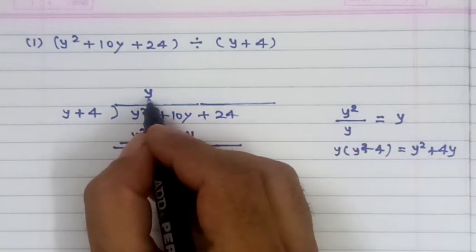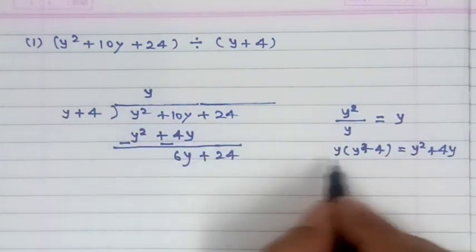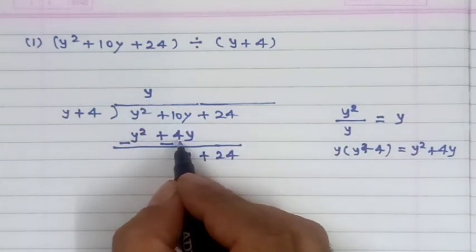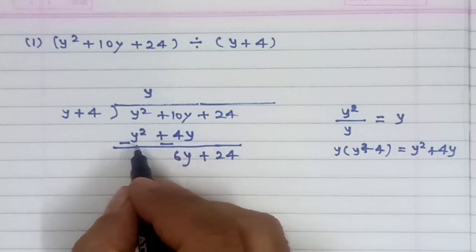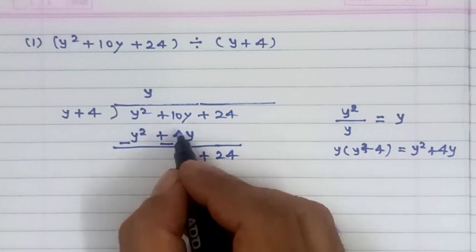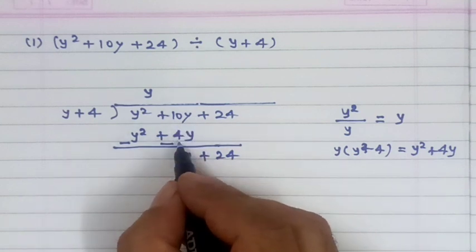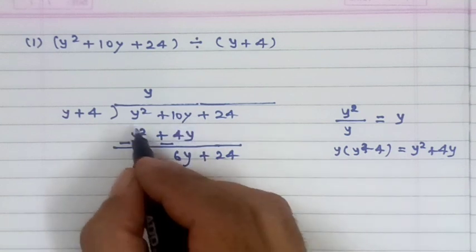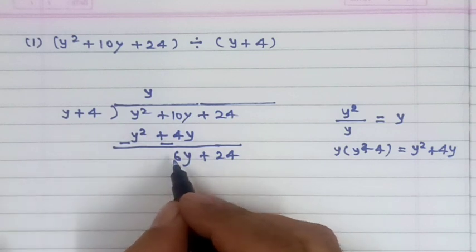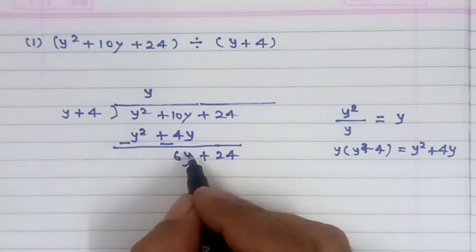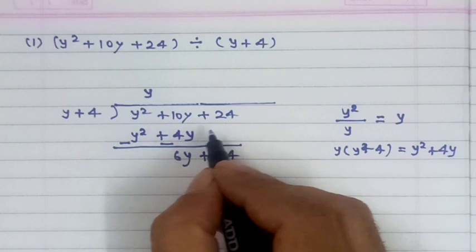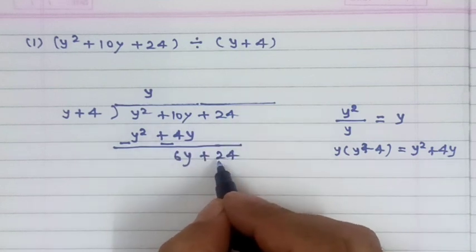This y you have written here, and this y square plus 4y you wrote below the dividend, and subtract. When you subtracted, sign got changed and you got 6y, 10y minus 4y is 6y, y square is 0, which is not written here, not considered, and here plus 24.